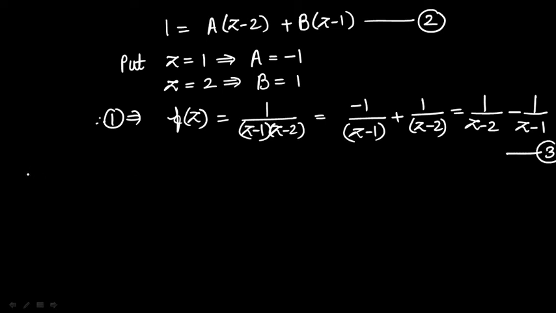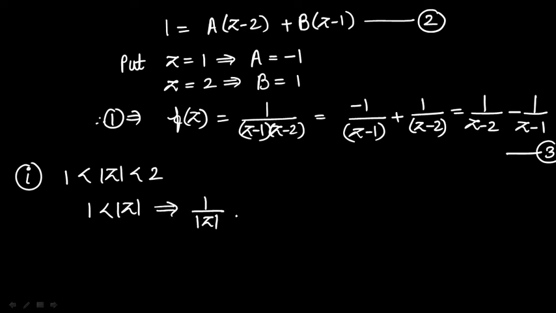Now apply the first condition and find out the Laurent series. Here 1 less than mod of z less than 2. For this, we consider the first inequality, that means 1 less than mod of z, and we form this inequality, 1 upon mod of z less than 1, by dividing this inequality by mod of z.